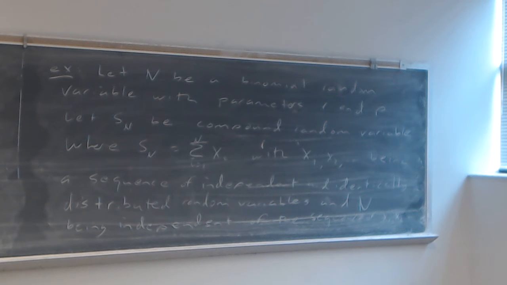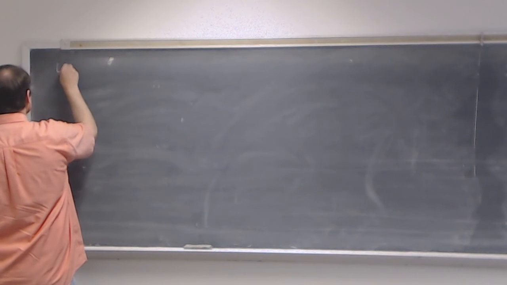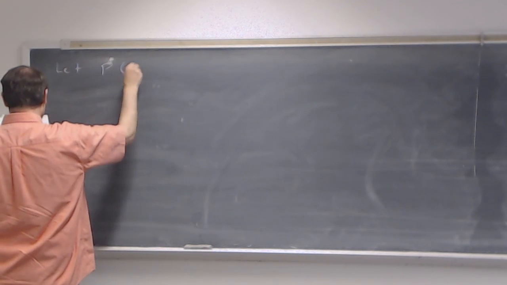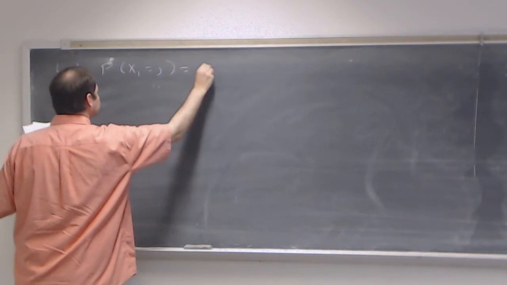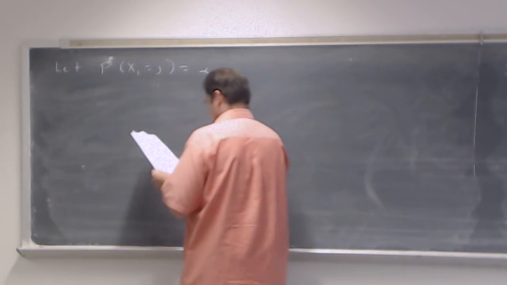A little bit more notation. We're going to let the probability that X sub 1 equals j be equal to alpha sub j in this problem.